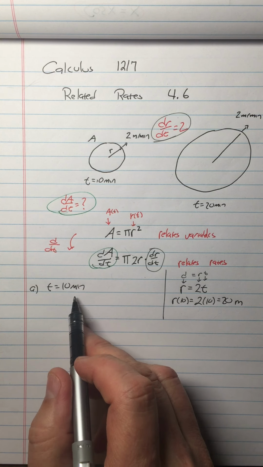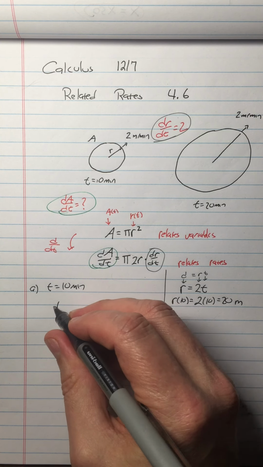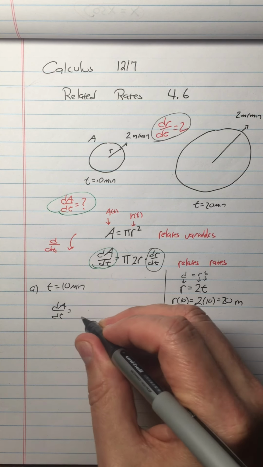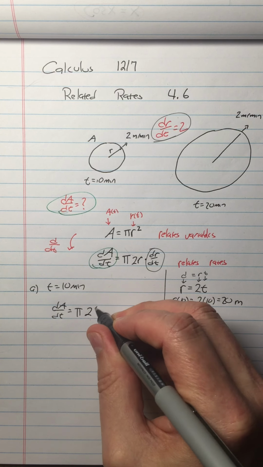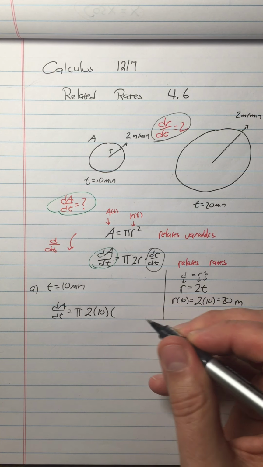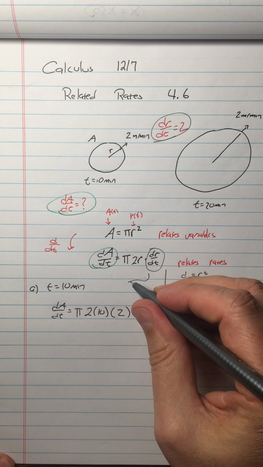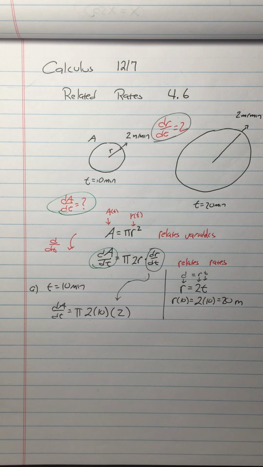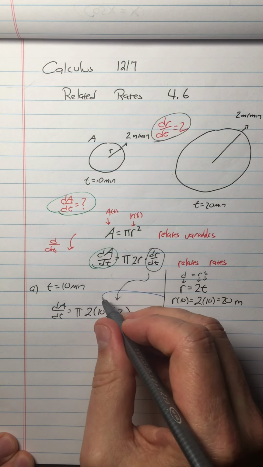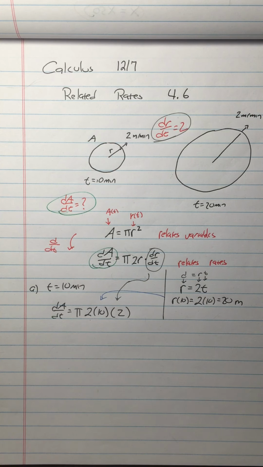So for part A, when t equals 10 minutes, then dA dt equals pi times 2 times 10 times 2, right? So the dr dt is from here, that was 2, and the r equals 20, that's from here. So we're basically just plugging those values in.